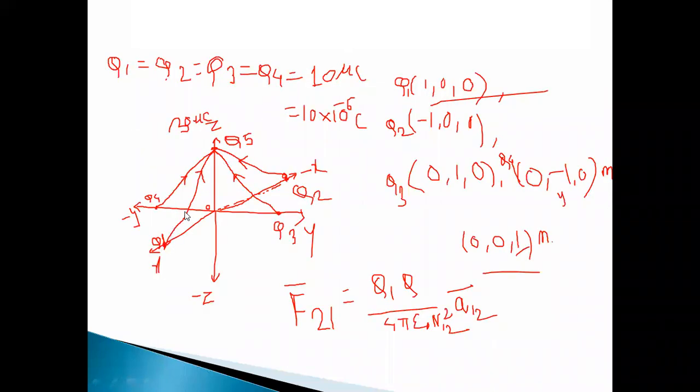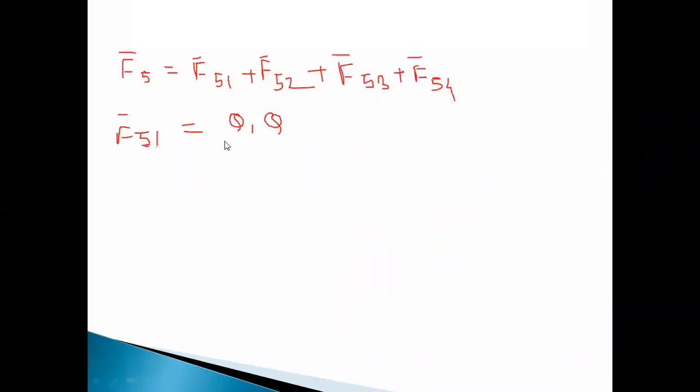Two charges are Q1 and Q5 here. Therefore, Q1 into Q5 divided by 4 pi epsilon 0 into R. Here, what is R? It is R15 square into unit vector A bar 15.